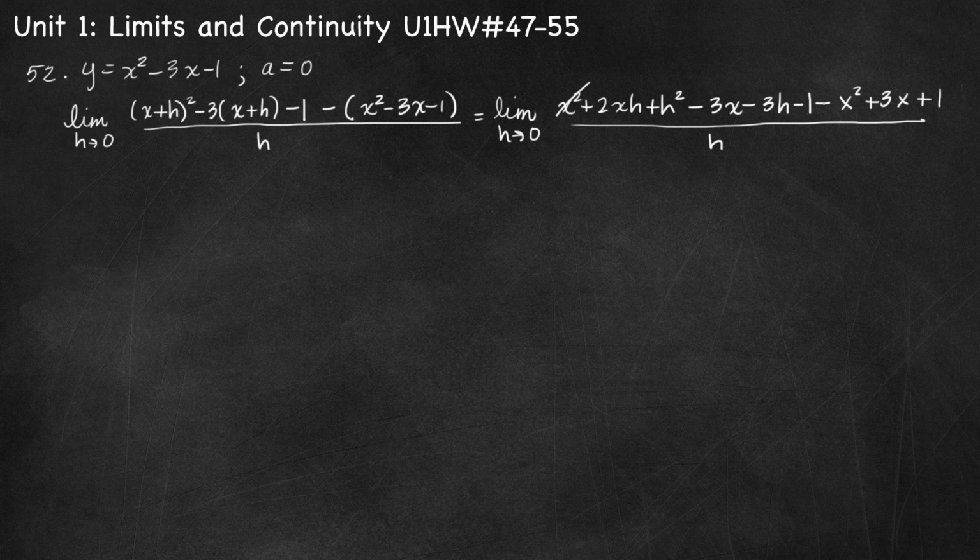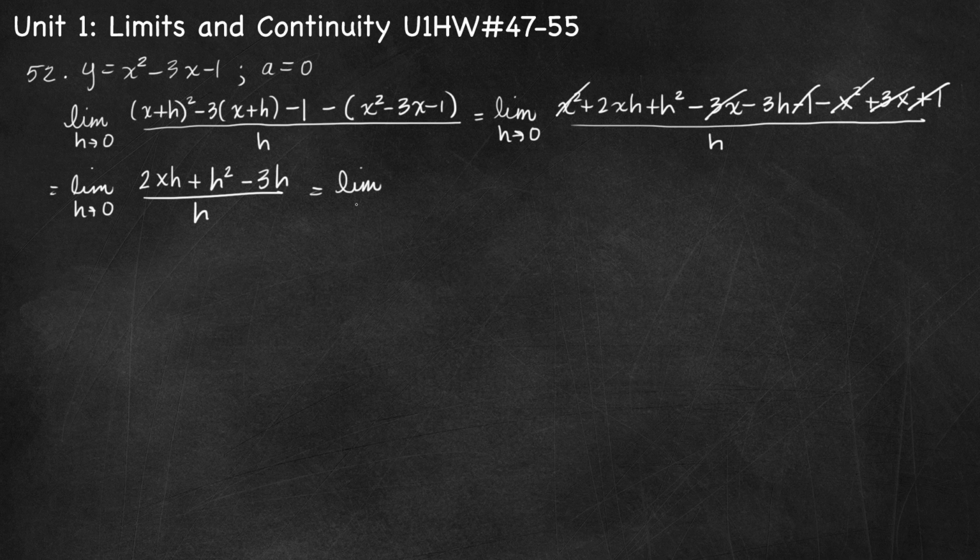We have an x squared minus x squared. We have a minus 3x plus 3x and a minus 1 plus 1, which leaves us with 2xh plus h squared minus 3h all over h. And now we can factor an h from the numerator.